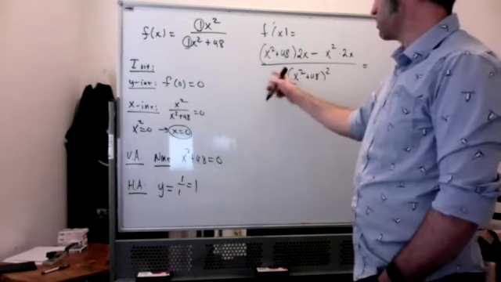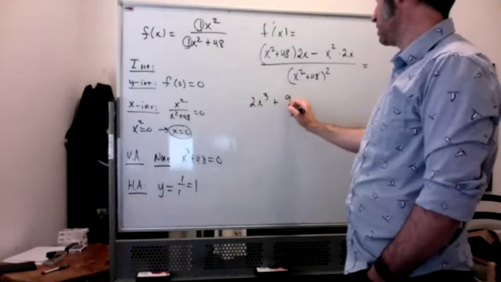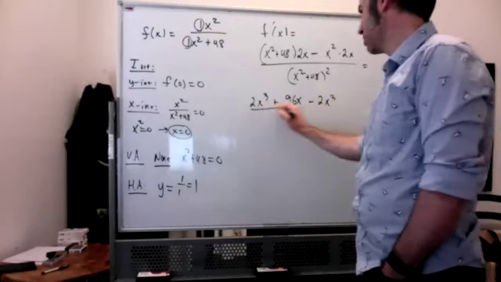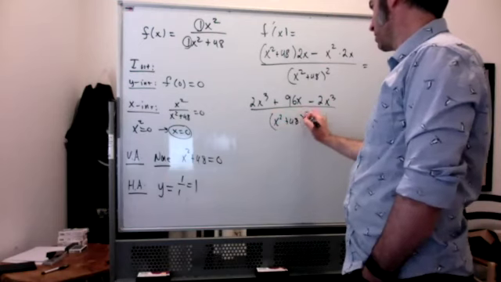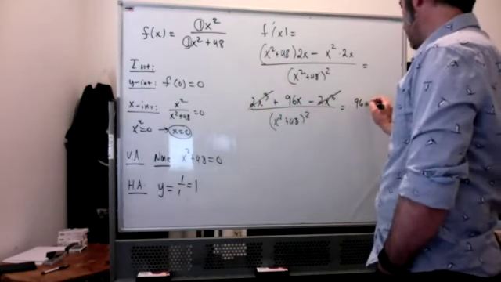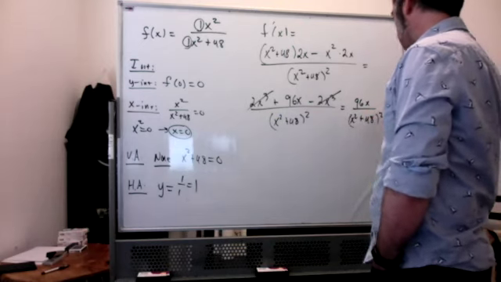We're going to get 2x cubed plus 96x minus 2x cubed, all divided by x squared plus 48 squared. The 2x cubes cancel, so we get 96x over x squared plus 48 squared.